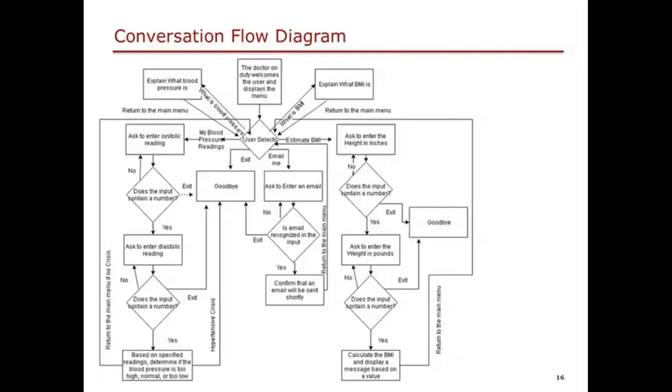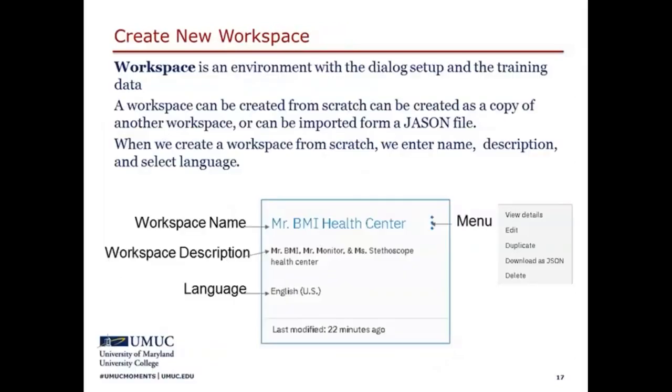This is what's supposed to happen. This is just the plan. And you may notice that I repeated the goodbye block. Well, it's because the diagram is too cluttered. But this is what I want to happen. I don't want to quit. I want the user to have an opportunity to continue with different menu options.